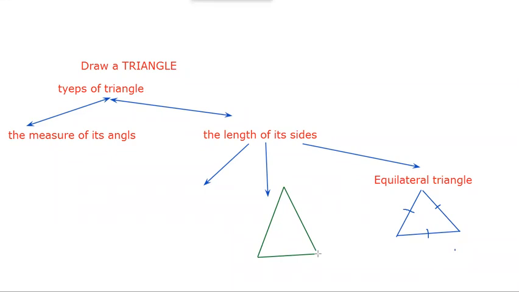Very good. There are 2 equal sides and one is different. So this side equals this side, and we say that this one is called isosceles triangle.